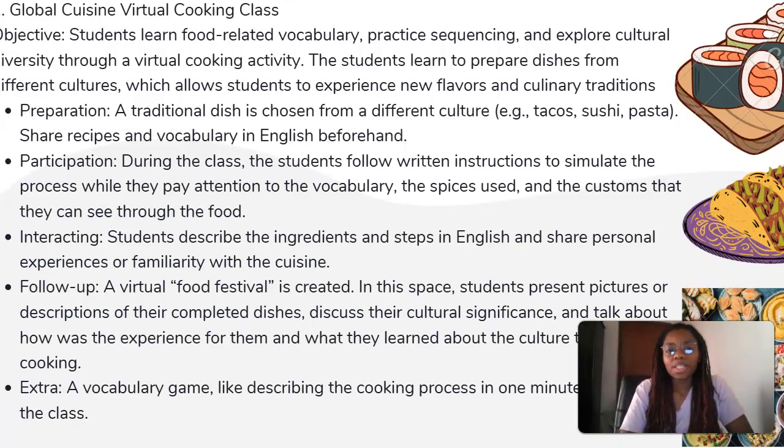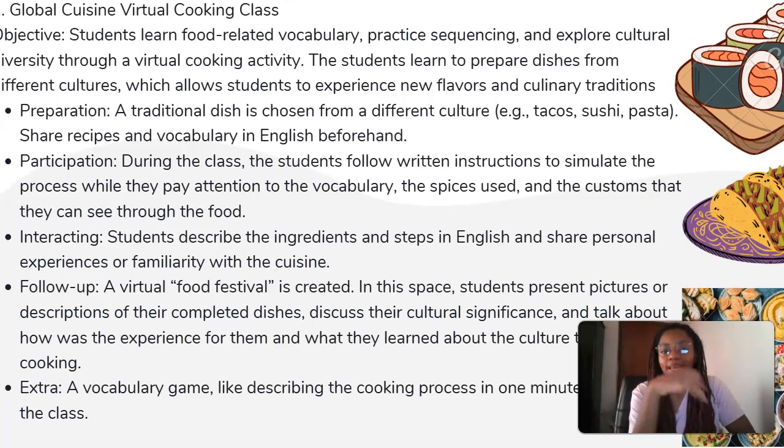For the preparation, a traditional dish is going to be chosen from different cultures, for example, tacos, sushi, pasta, etc. And you guys are going to share recipes and vocabulary in English beforehand. I mean, you guys are going to read about it before class, before presenting, sorry.